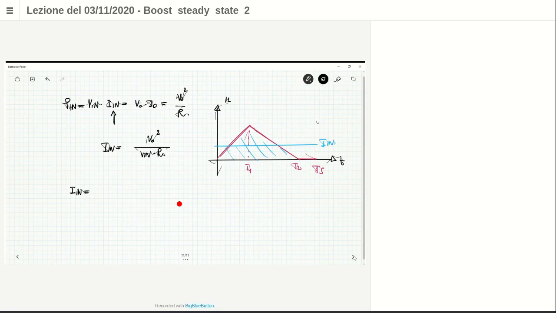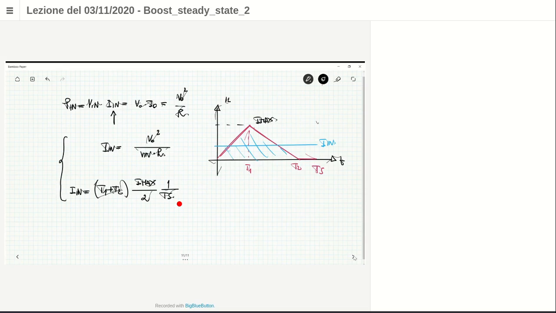So I in, another way, is, this is I max, the area is (T1 plus T2), which is the base of that triangle, multiplied by I max divided by 2, and also averaged over Ts.